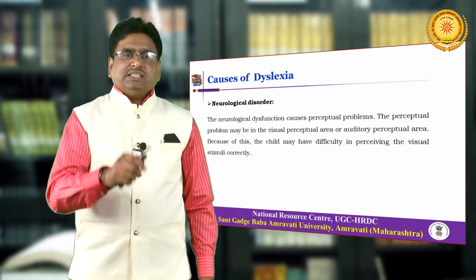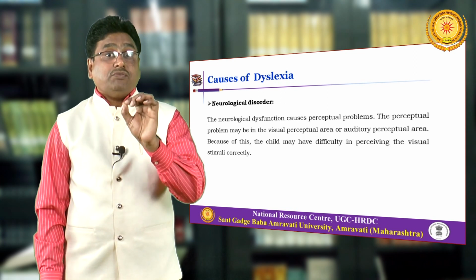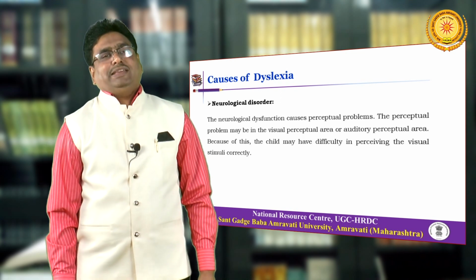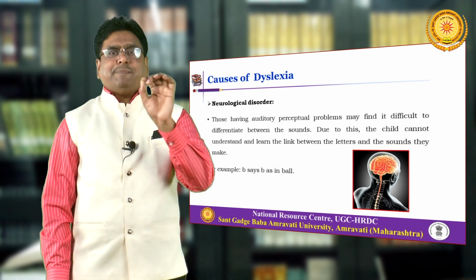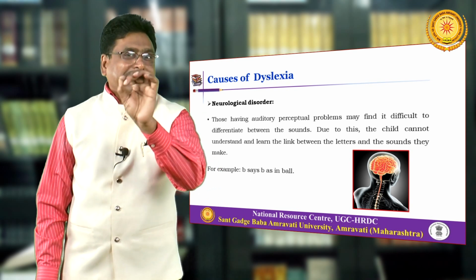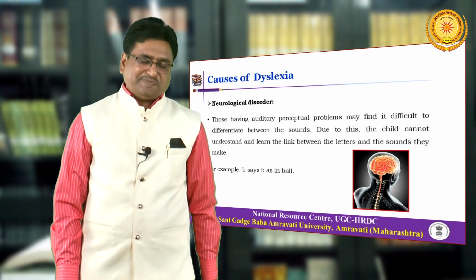Because of this, the child may have difficulty in perceiving the visual stimuli correctly. In the same manner, those having auditory perceptual problems may find it difficult to differentiate between the sounds.